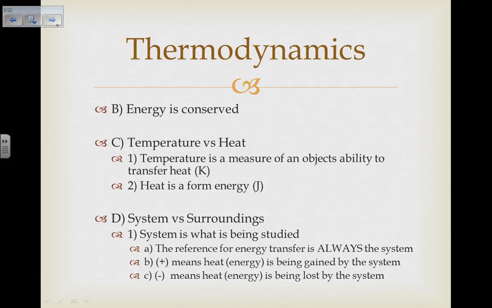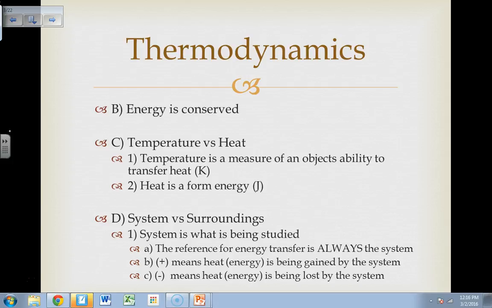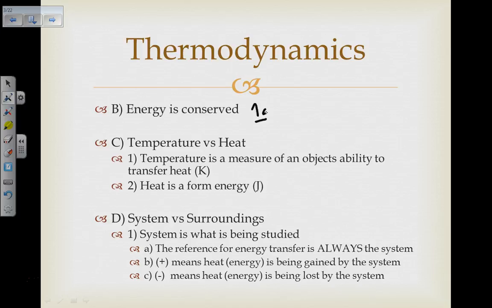One of the important things to keep in mind is that no matter what, energy is always conserved. No matter what happens, whether we add a whole bunch of energy to a system, this is what we call the first law of thermodynamics.